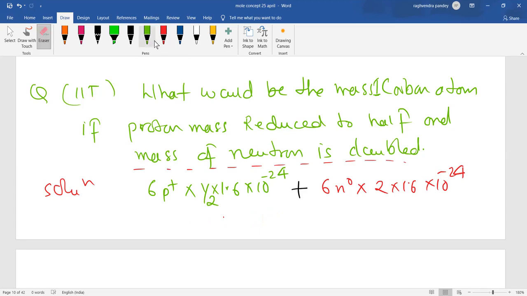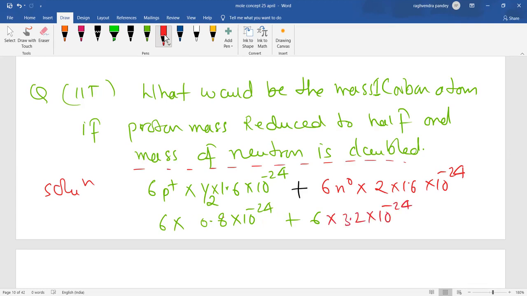Just write it as 1.6, so that will be 0.8 into 10 to the power minus 24, plus 6 into 3.2. Okay, 6 eights are 48, and that will be your 6 into 32. So that you will get the answer. All this calculation you will do.